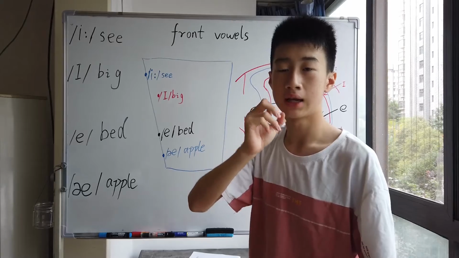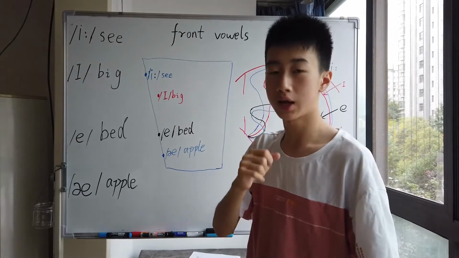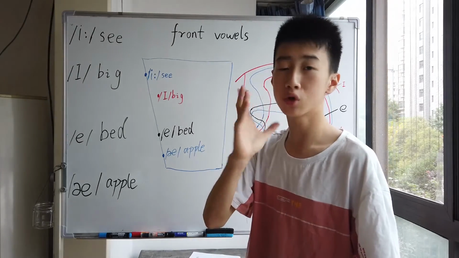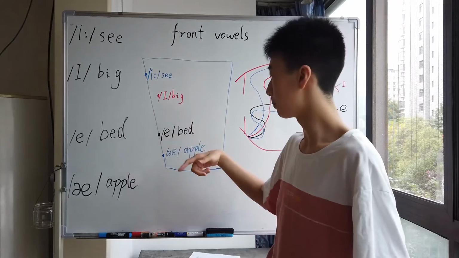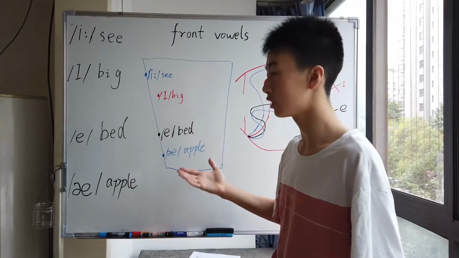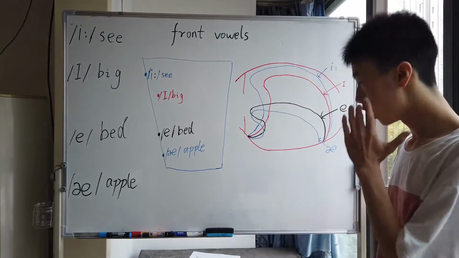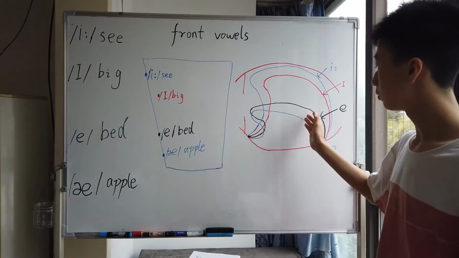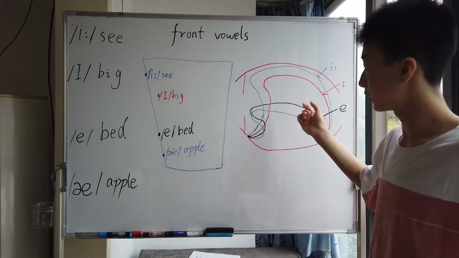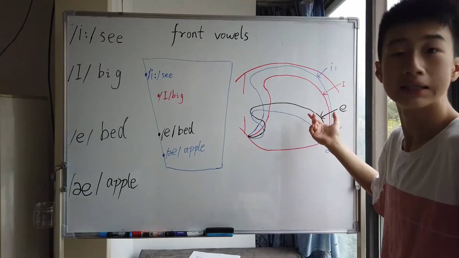Your mouth position, at least in this direction, up or down, is really small. Then there is the I, which is a bit bigger. Then E is bigger still, and apple is the biggest. All right. So that's how to pronounce that sound.